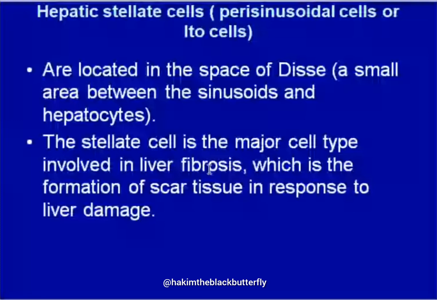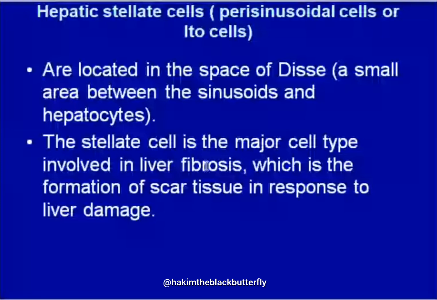This scar tissue can block the sinusoids and prevent blood from passing through the liver normally. Then blood is going to accumulate in the portal vein and cause what you call portal hypertension. And then it's going to find alternative ways like the anterior abdominal wall causing caput medusae, and the lower third of the esophagus causing esophageal varices.